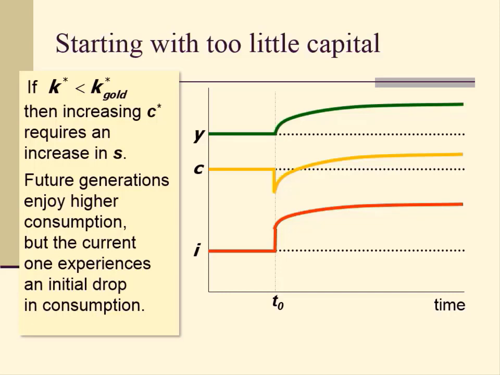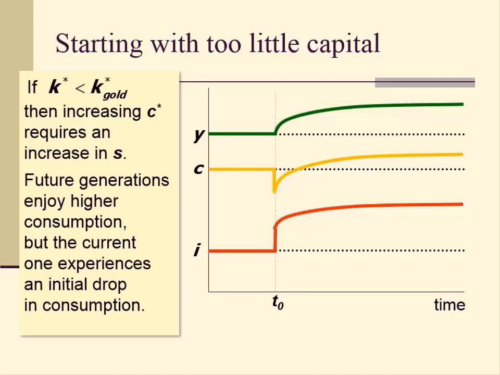Whereas the first case, starting with too much capital, initially increases consumption, since it requires the following savings. So rising consumption would be a good incentive for both the current and future generations to like the idea of reducing the saving rate, which will increase consumption both now and later than before.